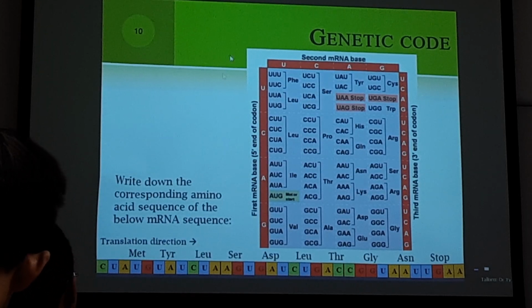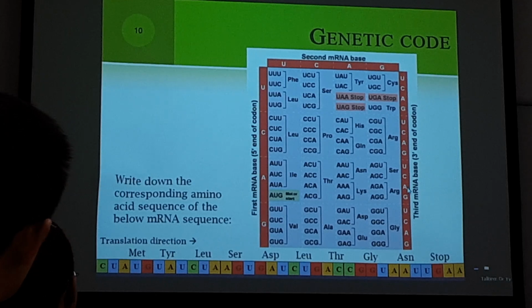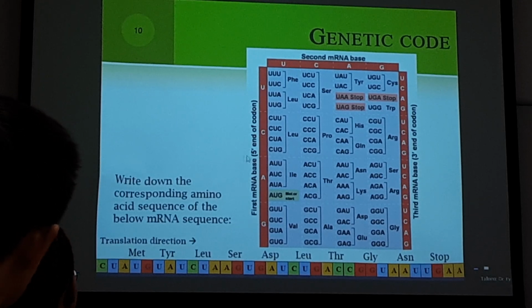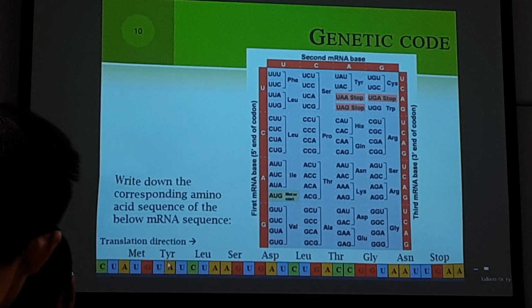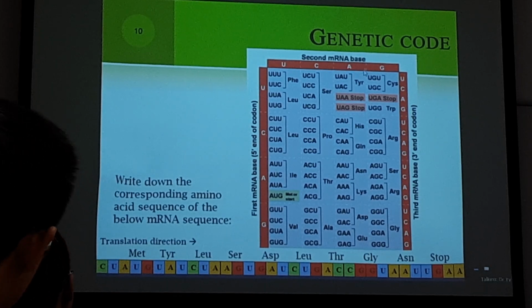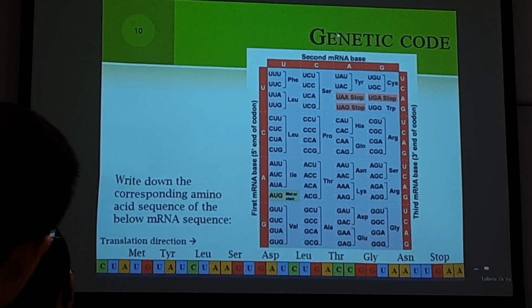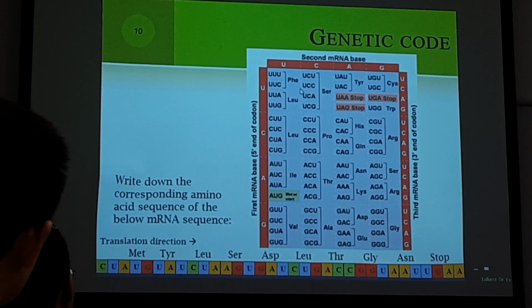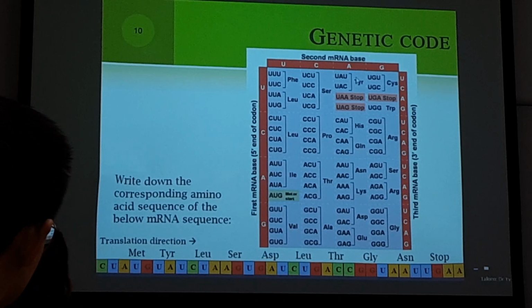Find the corresponding one from the codon table. If you forgot how to read it, you start from the first letter, U, and then find the second letter, A, and the third. It is very clearly shown: for UAU, you start from U, then A, so this box, and find the last letter here. Then you will know the amino acid to be added based on this codon.